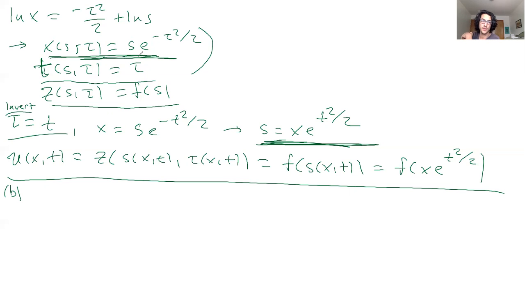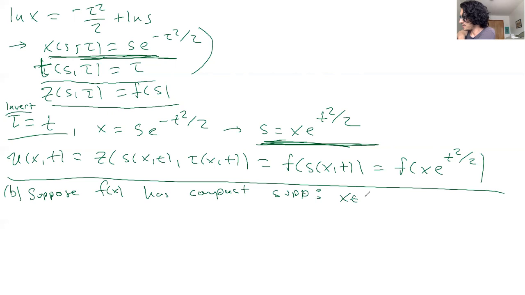So the main question, in part B, is to suppose f of x has compact support, and let's define it just on the open interval from minus r to r.